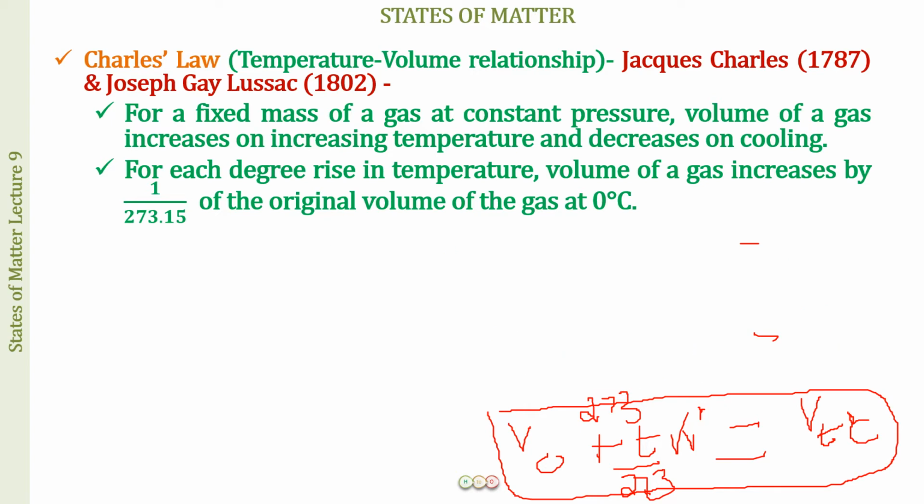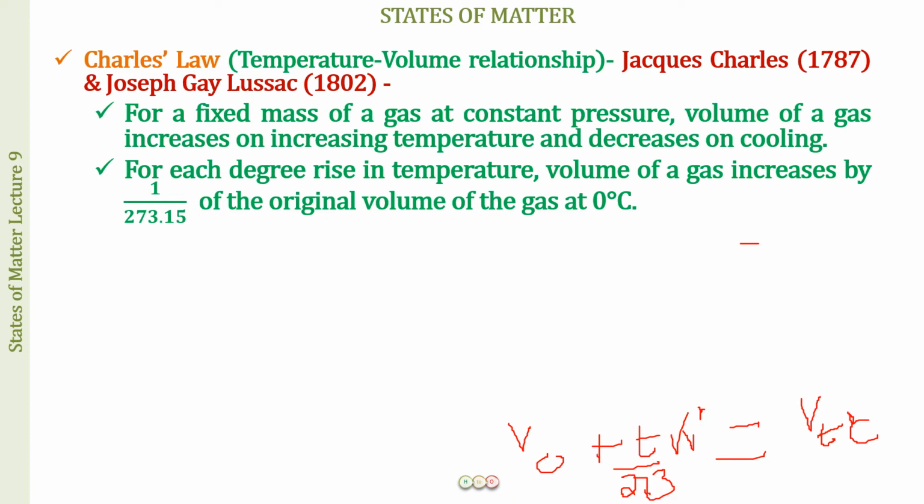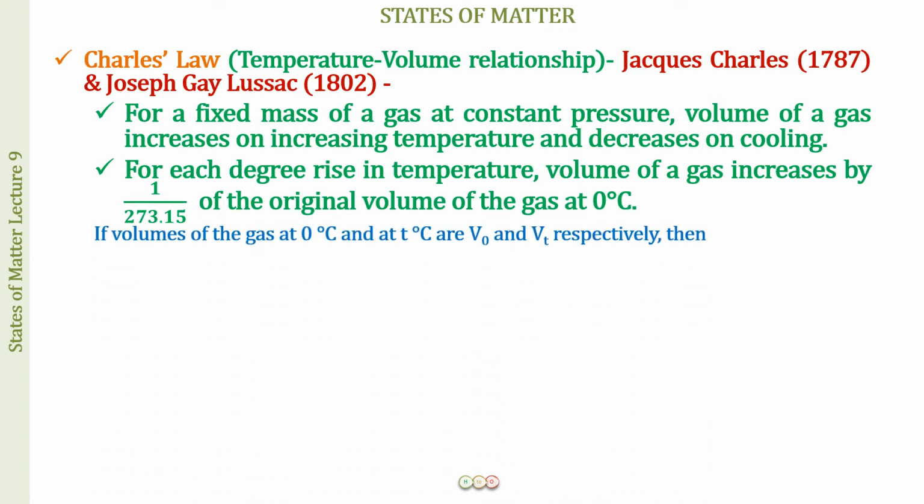I am going to put this equation which I have over here into a printed form now, so that it is clear, because my writing does not come up very clear with this digital pen. Okay, so what we have over here is that if the volume of the gas at 0 degrees Celsius and T degrees Celsius are V naught and Vt respectively, then Vt is going to be equal to V naught plus T by 273.15 of V naught, right?